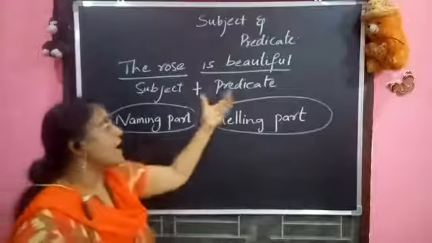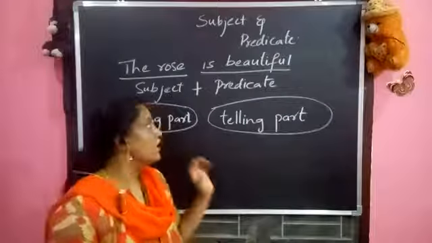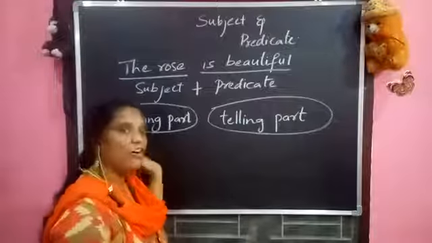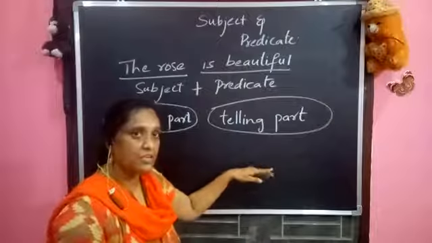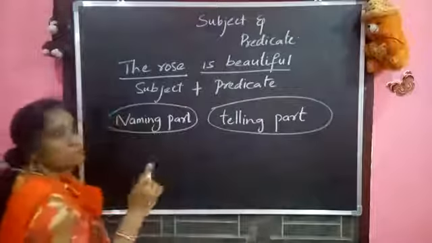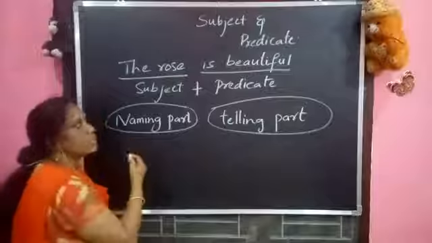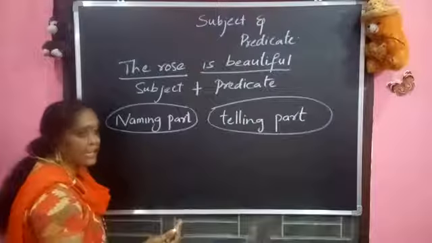This subject and predicate makes a sentence. Can you tell me a sentence without a subject or without a predicate? We can't make a sentence. So, if we want to make a simple sentence, we need a subject as well as predicate.